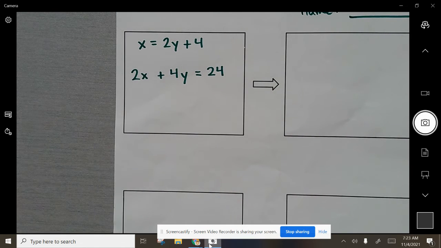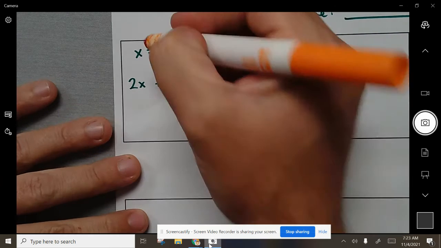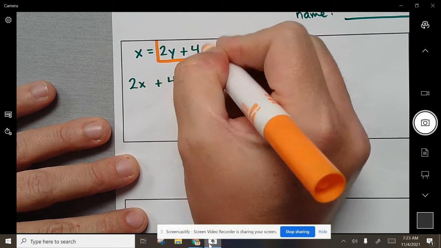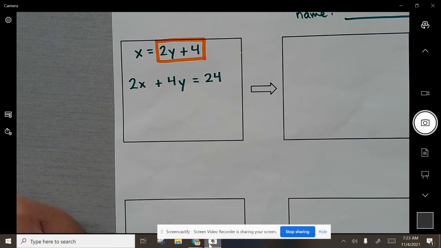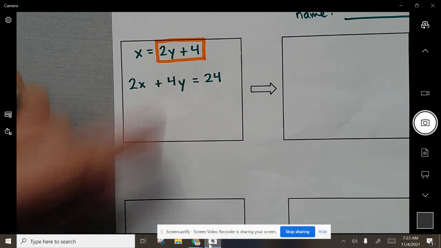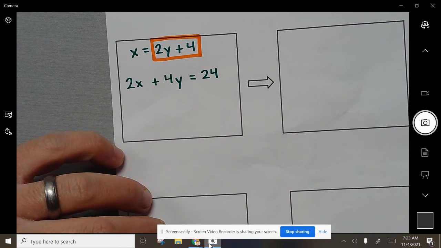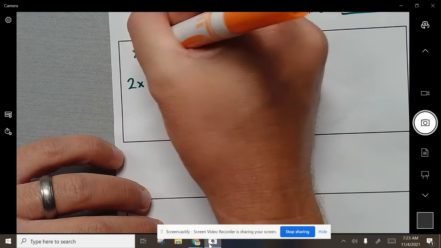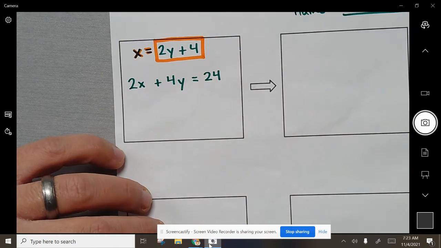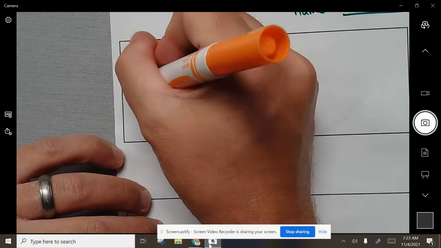So what we're doing here is, this piece of the puzzle is important. Where do we fit this piece of the puzzle in this equation? What does this piece equal? It equals x. So where do you need to put it?